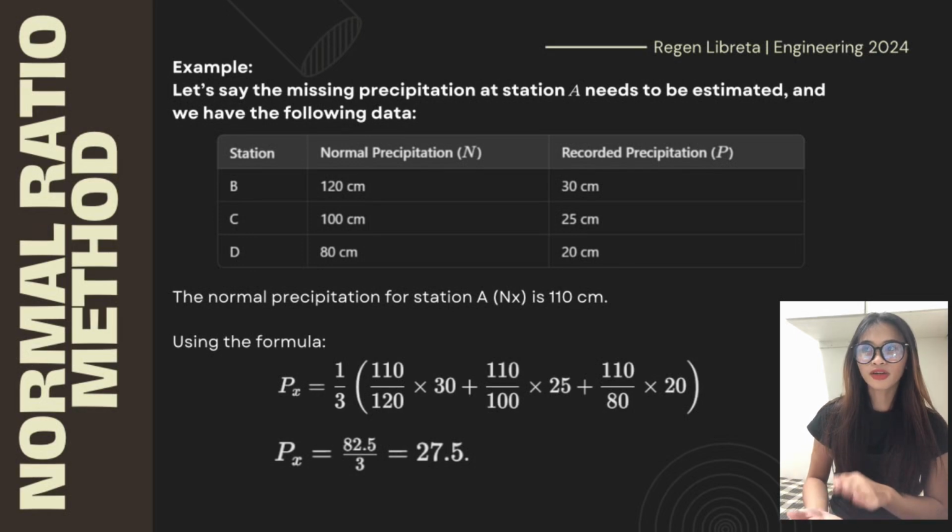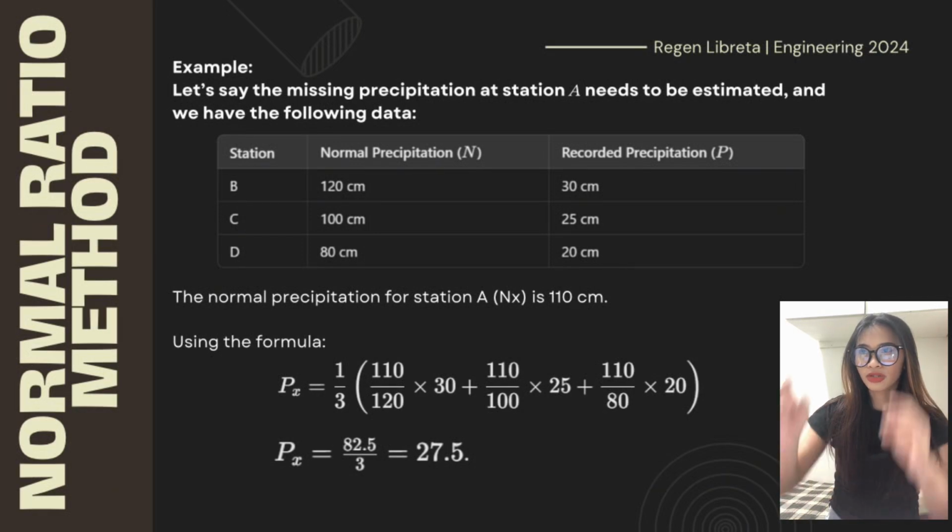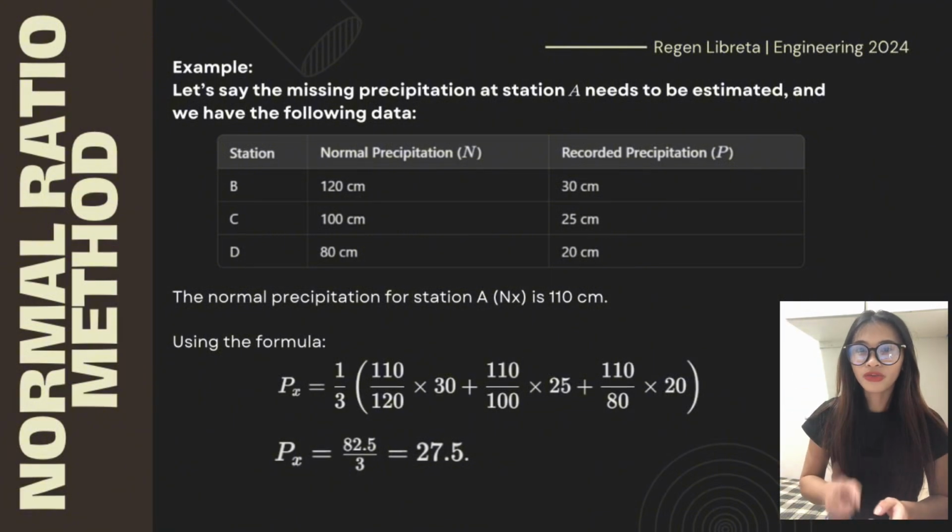The normal precipitation for station A, which is our Nx, is 110 centimeters. Using the formula, we get the precipitation at station A that we need to estimate, which is our missing precipitation: 1 over 3, since we have 3 stations, multiplied by the sum of 110 over Ni multiplied by Pi. Calculating, we get 82.5 over 3, and we get 27.5.